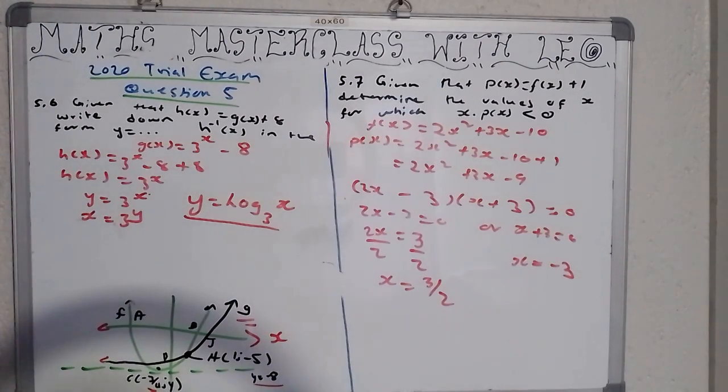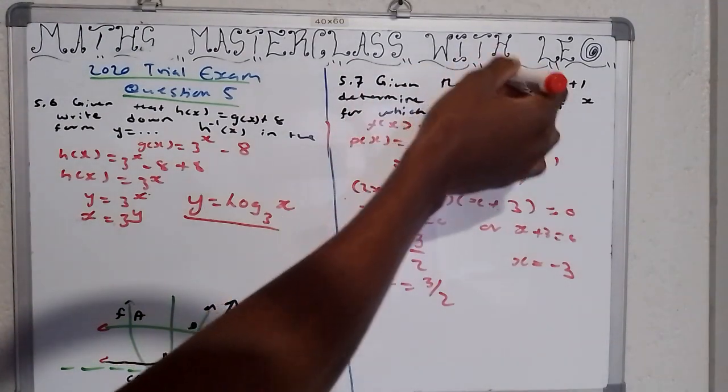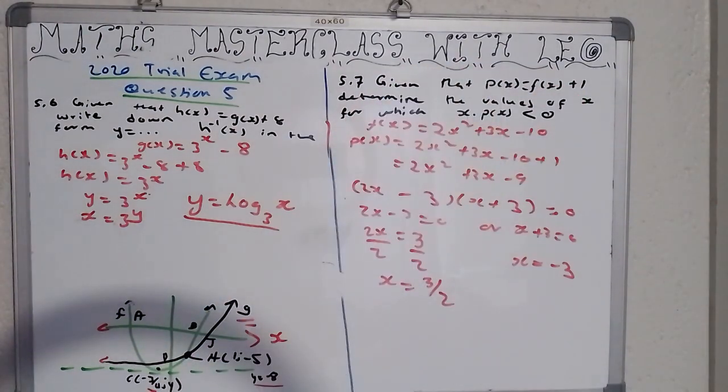These are the values. They say, given that p of x is equal to f of x plus 1, determine the values of x for which p of x is less than 0, right? What you need to do is just substitute there and then get your solution.